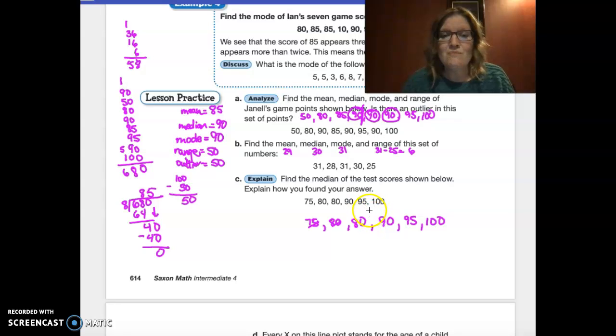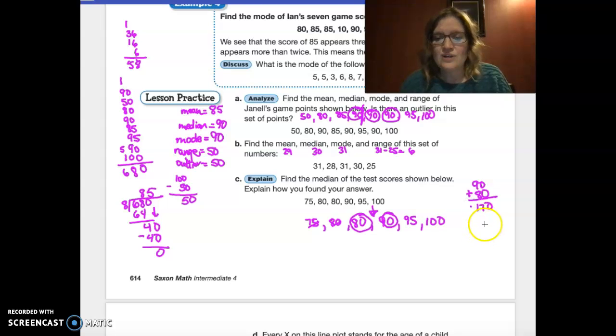our median is occurring right in between 80 and 90. So to do that, we find the average between these two numbers. So I say 90 plus 80 is 170.